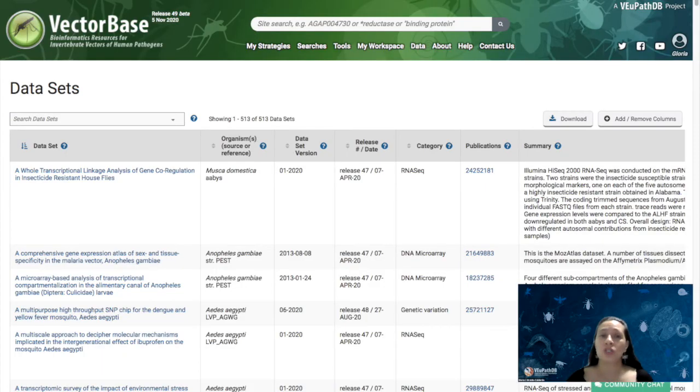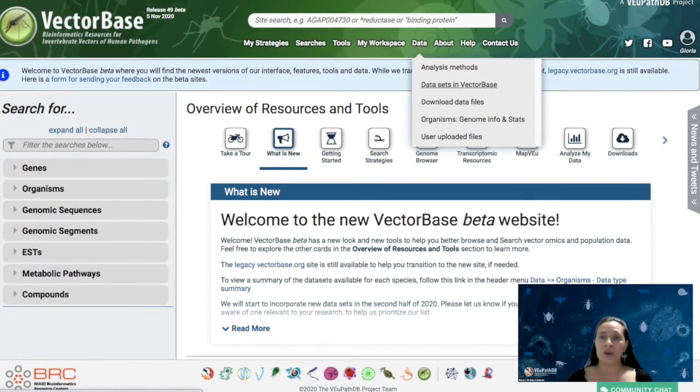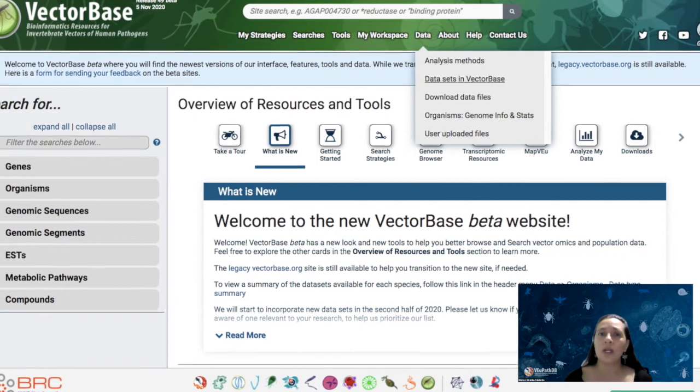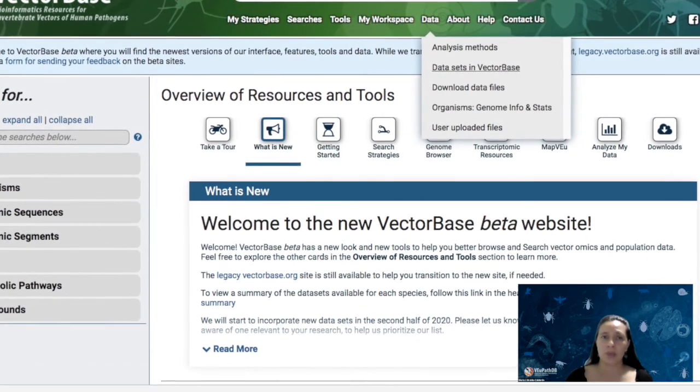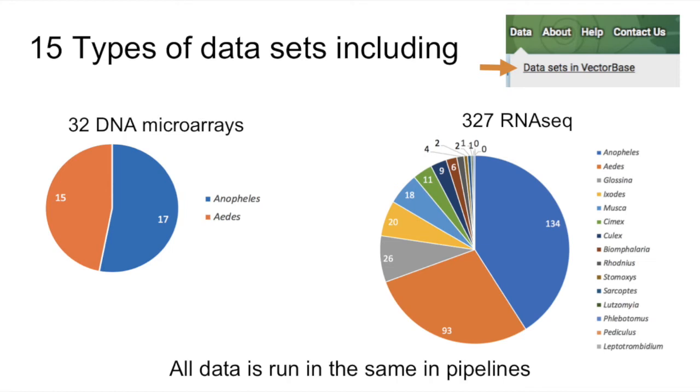In addition to the genome, we also have 15 other different types of data. Where can you find them? Go to Data, Datasets in VectorBase. One of these 15 types of datasets are transcriptomics datasets, and we have microarrays and RNA-seq.